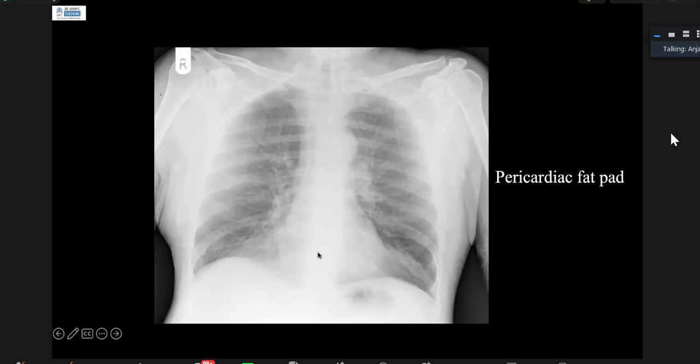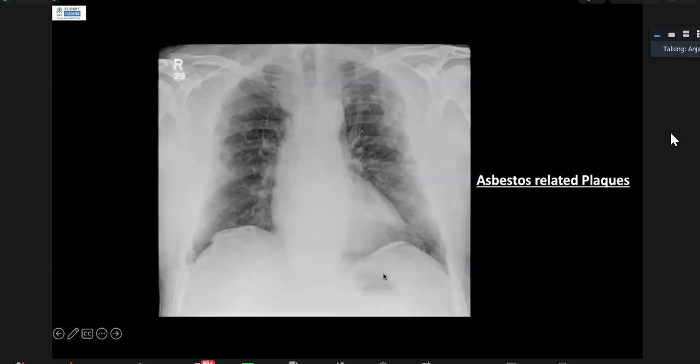So get your eyes used to this appearance. This is not pathology. This is because of pericardial fat. You should not mistake it for an abnormality, an abnormal soft tissue mass sitting there, or pleural fluid or anything. So this is just to draw your eyes to the normal appearance of pericardial fat that you'll see at the cardiophrenic angles.